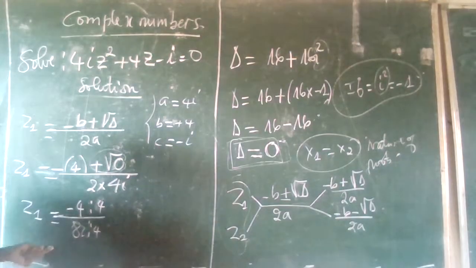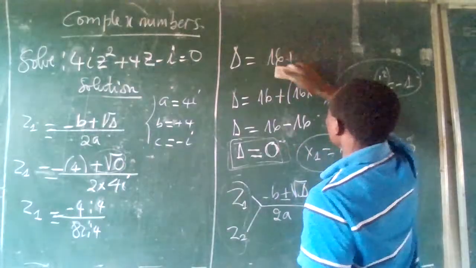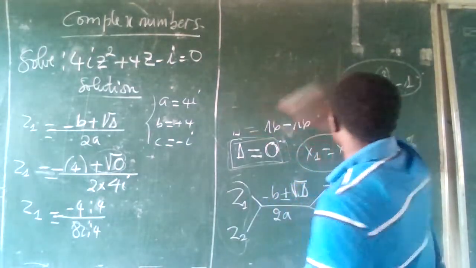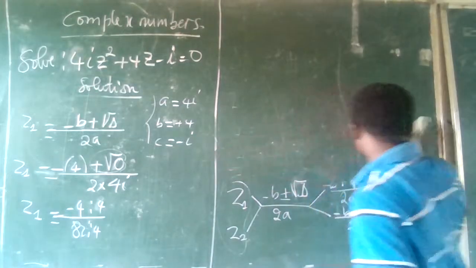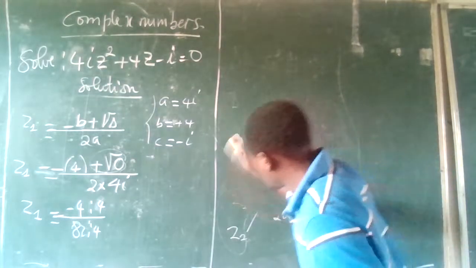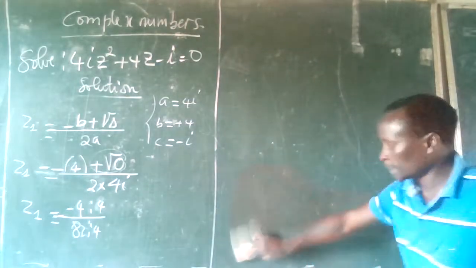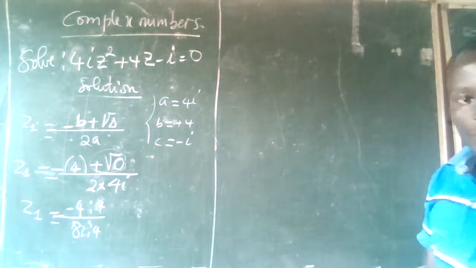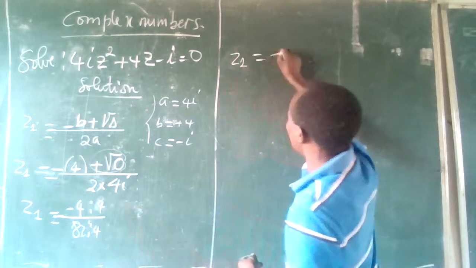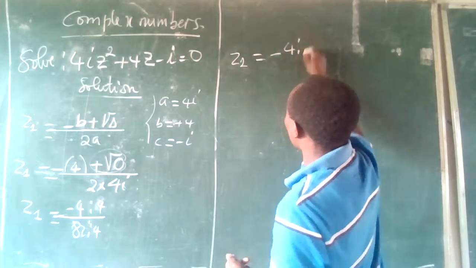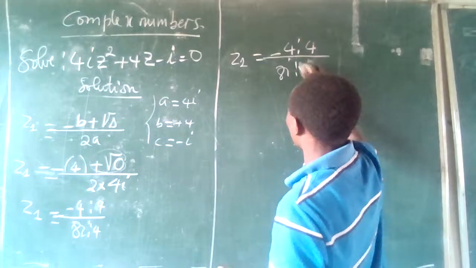We remain with, you see here, let me clean here, please. We remain with Z1, which is minus 4 over 4 over 8i over 4.